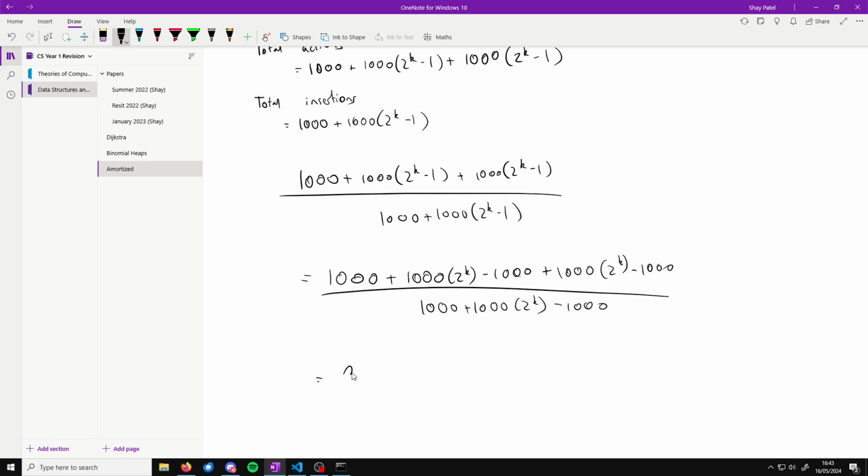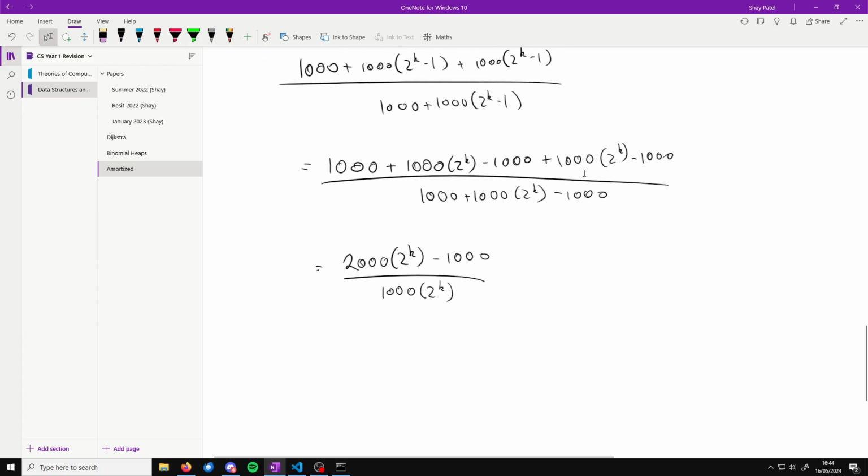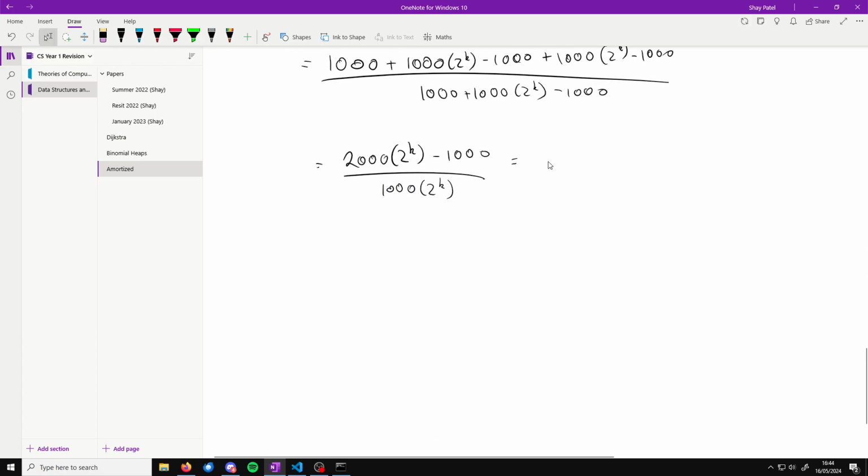That just becomes this minus 1000 over, okay, I believe we get this, and we can split that up into 2 minus 1000 over 1000 times 2 to the k, which is just 2 minus 1 over 2 to the k.